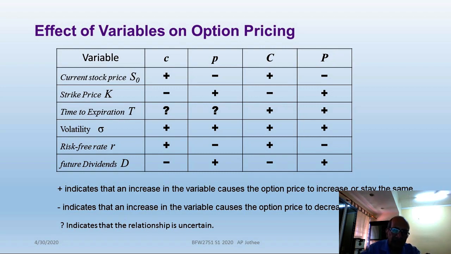Well, when the stock price is increasing, for a put it is the opposite. People won't exercise because it is K minus ST. If the stock price is increasing, there are high chances that the put won't be exercised. So the put value will be lower.